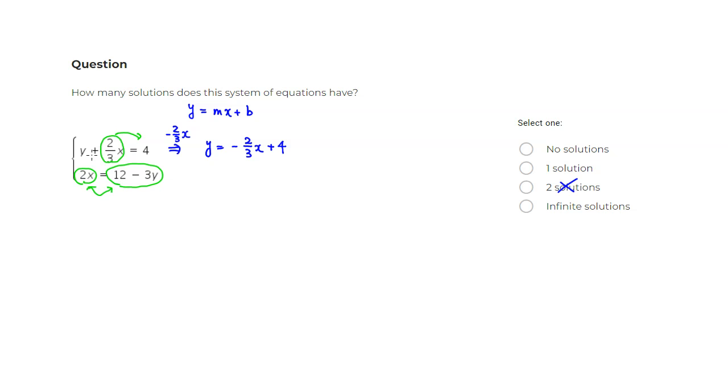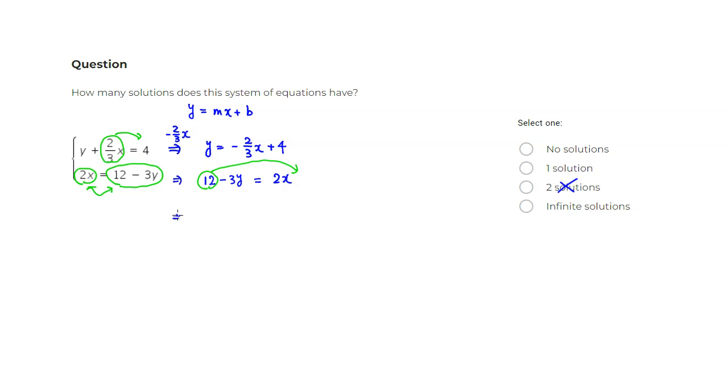We can do that, right? So we have 12 minus 3y is equal to 2x. That's probably easier.